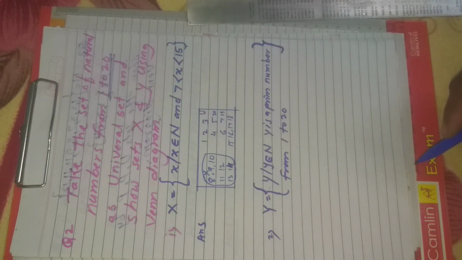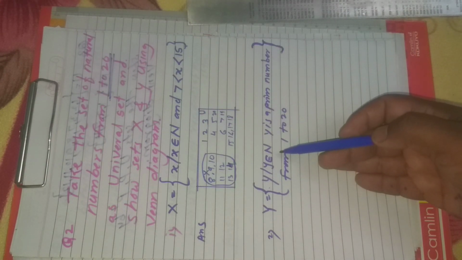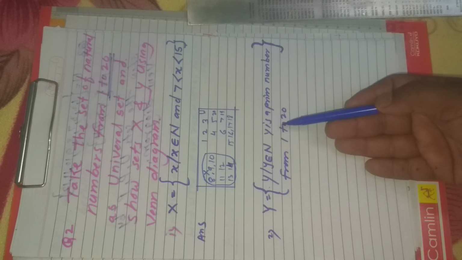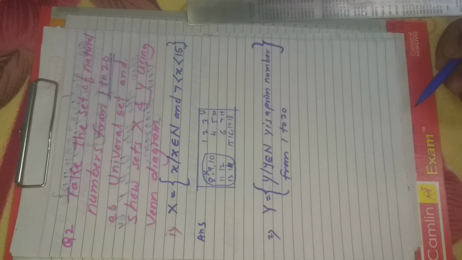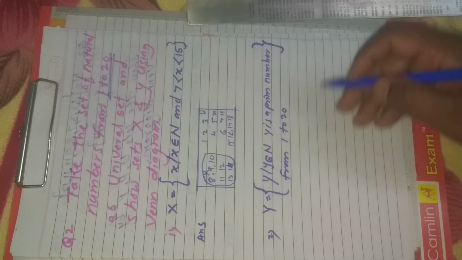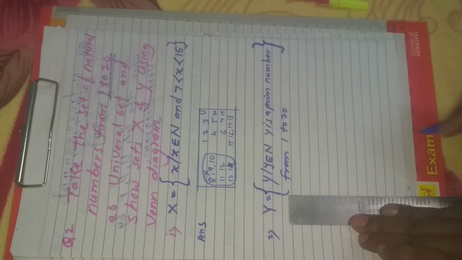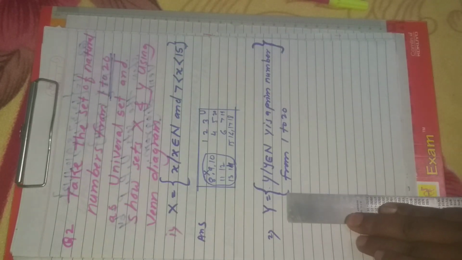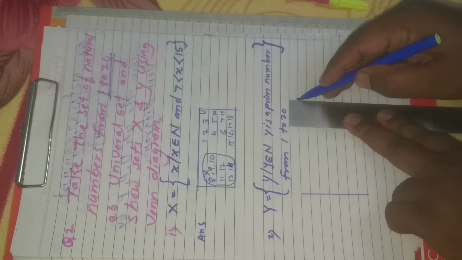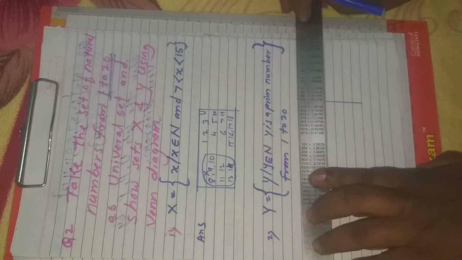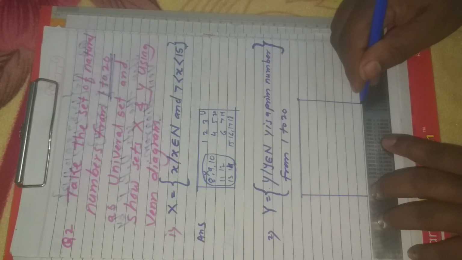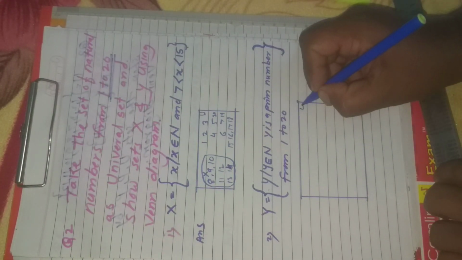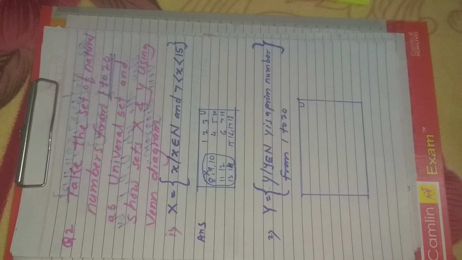Now the next question is like this: Y is such that Y belongs to natural numbers and Y is a prime number from 1 to 20. We have to show this in Venn diagram format. The universal set we show by a rectangle. Now among 1 to 20, which are the prime numbers?